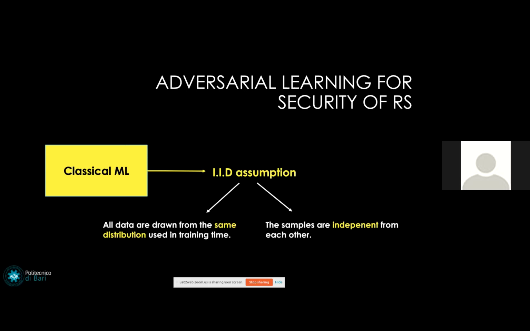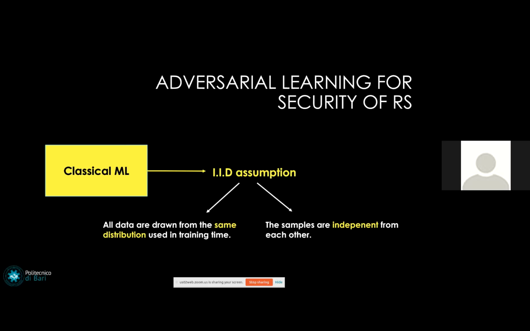So if we want to make a machine learning model secure, so that the attacker cannot intentionally cause the model to produce results according to the attacker's desire, we need to relax these assumptions.